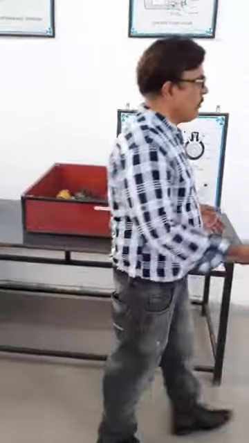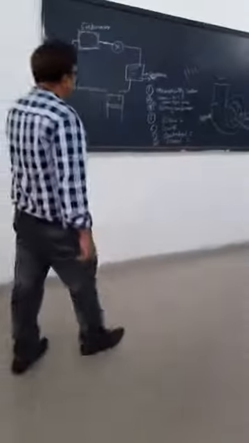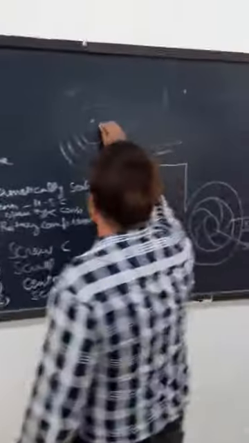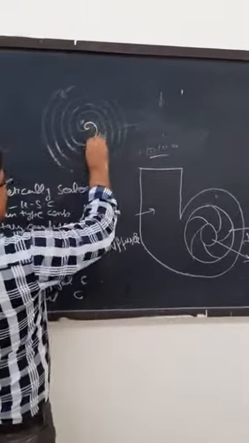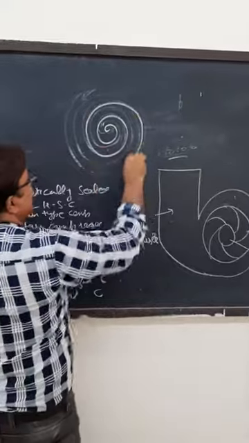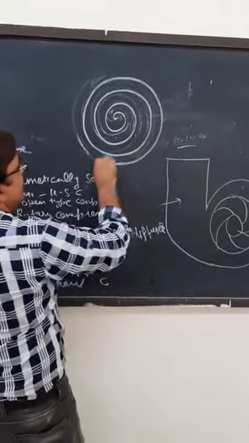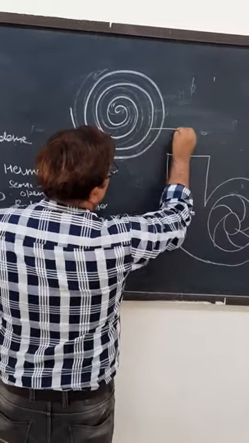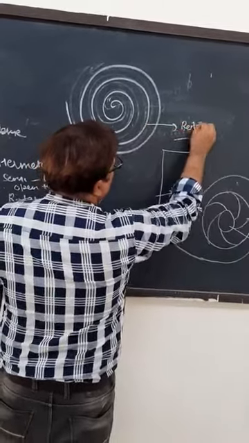Okay. So last one, there is one more compressor. Look at here. One more compressor is there, that is called the scroll compressor. So look at here. The scroll type compressor has a rotating scroll. So this is called the rotating scroll.